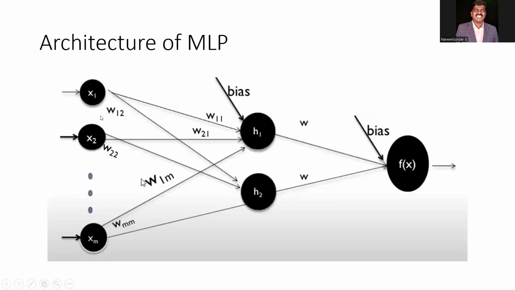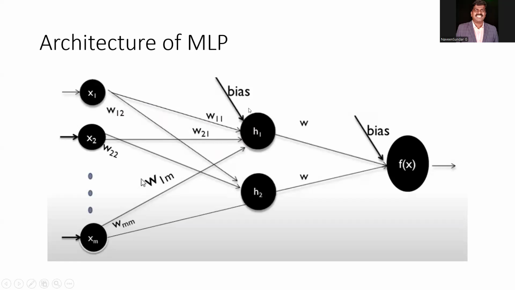For example, this is the architecture of a multilayer perceptron. As I told you, these are the input layers, which have to be given weights, that is W11, W12. Likewise, we give the weights to the input layer, and along with that we add the bias value.